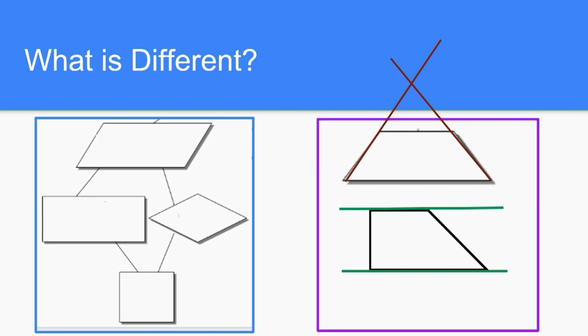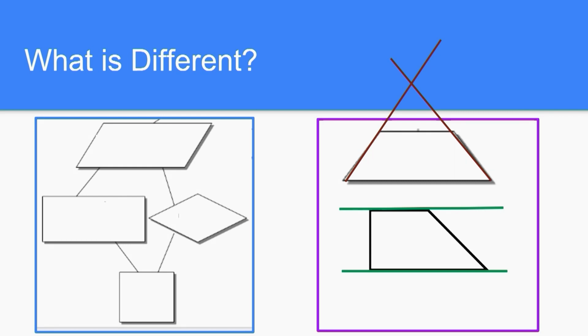As you can see in the top trapezoid, if those lines continued on, they would eventually cross or intersect. However, if you draw the lines of the top and bottom of the trapezoid, they would go on and on forever and never touch. Trapezoids have only one set of parallel lines.